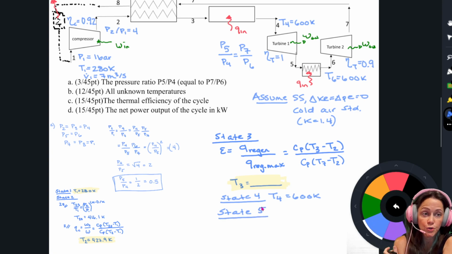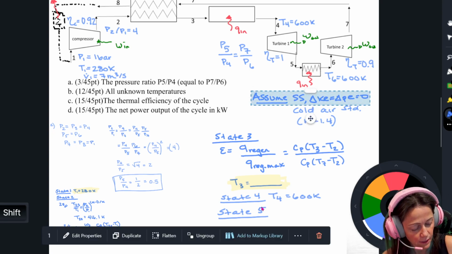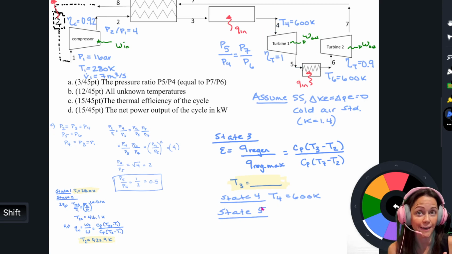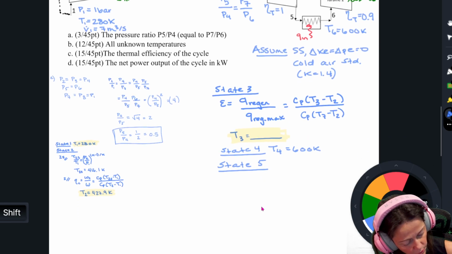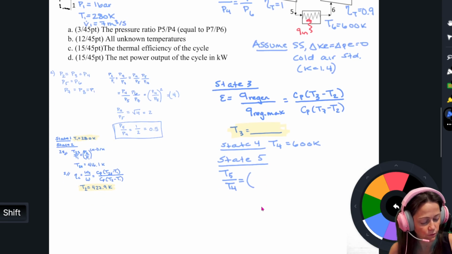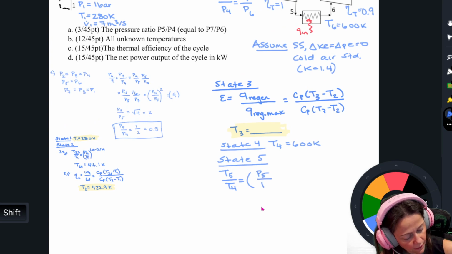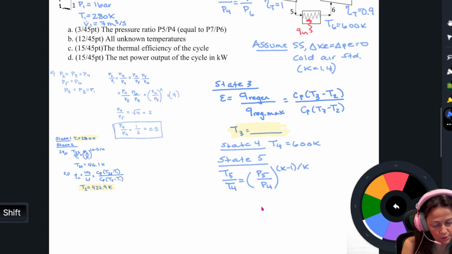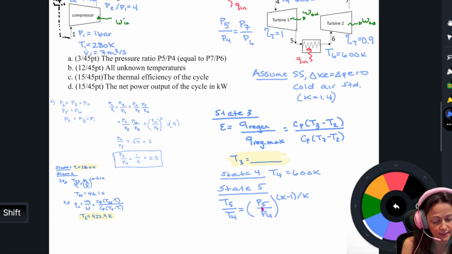State 5 is after the end of an isentropic process. So we are looking right here. It's the end of the isentropic process, so I can apply an isentropic relationship. T5 over T4 equals P5 over P4 to the K minus 1 over K. K is 1.4, and that pressure ratio is the thing that we just solved for in part A. It's this 0.5.